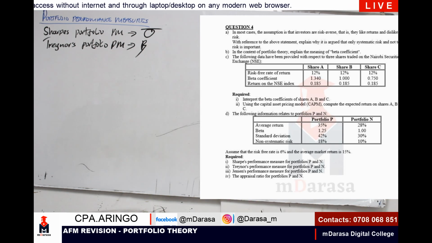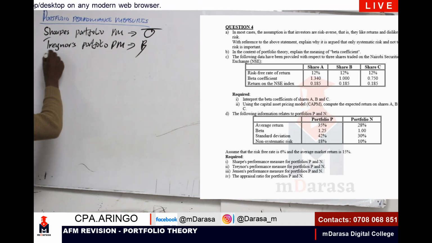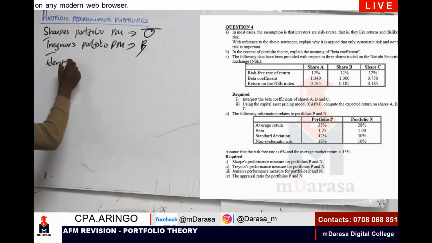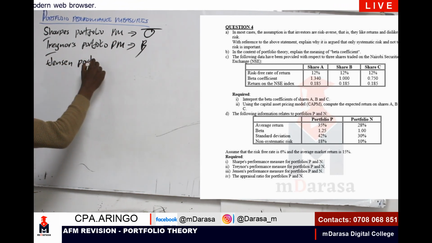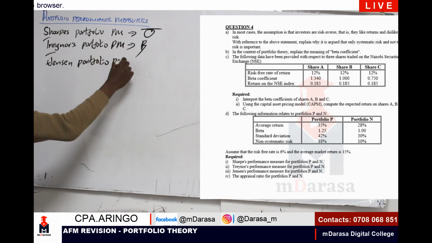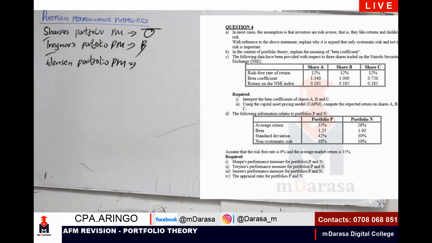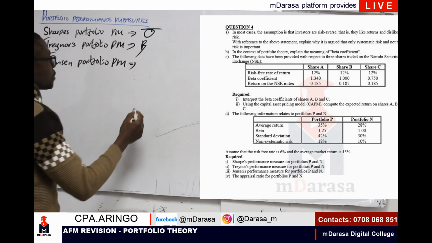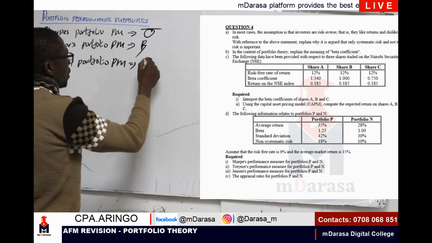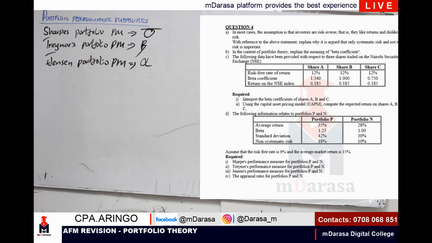Then the last component is the Jensen method, the Jensen portfolio performance measure. For Jensen, my good students, the idea you should always have is the concept of the alpha value. That is where we normally apply Jensen.